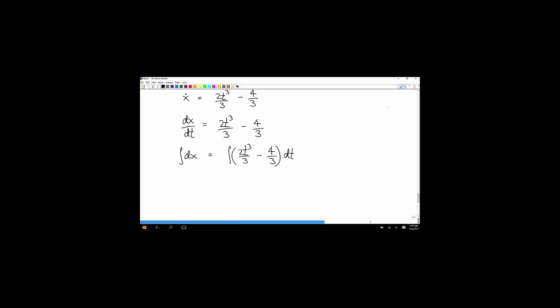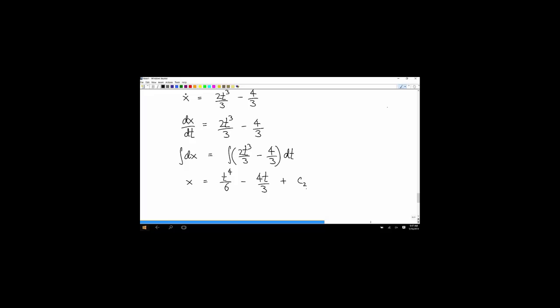Integrate both sides. What do you get when you integrate dx? X. And over here you get t to the 4th over 6, I think. And then minus 4t over 3 plus a constant of integration that you get from the combined sides. I'm going to call that C2 this time.